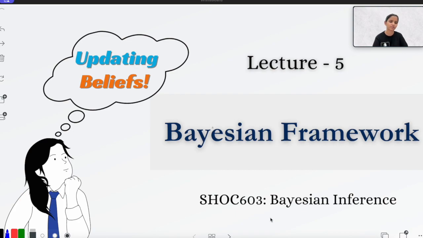So starting with the Bayesian framework, I'd like to start with change. What is a change? As we know, in our lives we usually go through some changes. Changing is simply part of life. Everybody changes their mind, and we likely even change our mind at the last minute of making decisions.